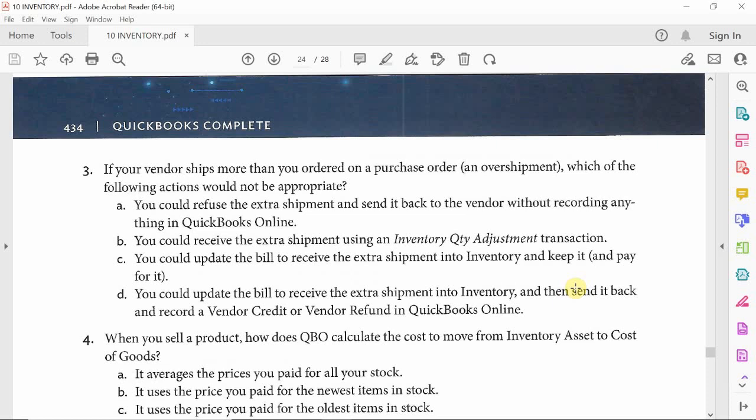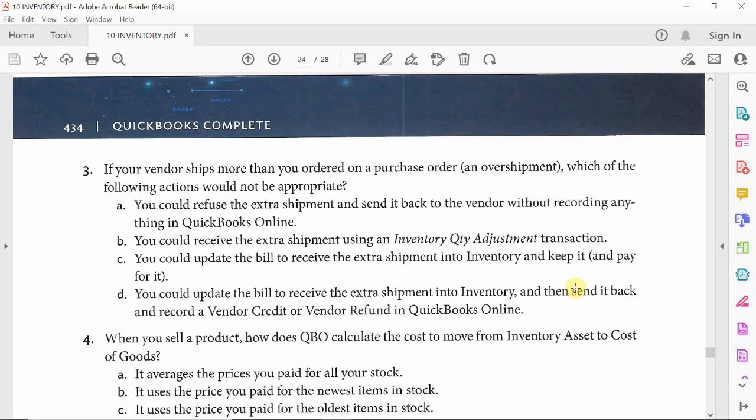That is a double whammy there. I think D would be the most inappropriate in this case because you're going to adjust your bill to receive the extra shipment and then force the vendor to give you a credit for the extra shipment. That is wrong in so many ways.